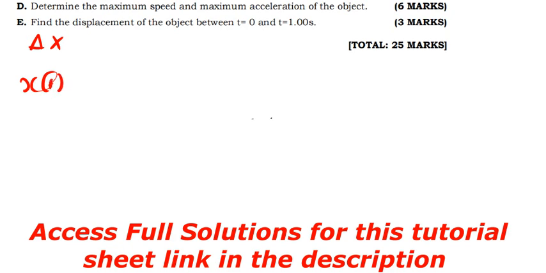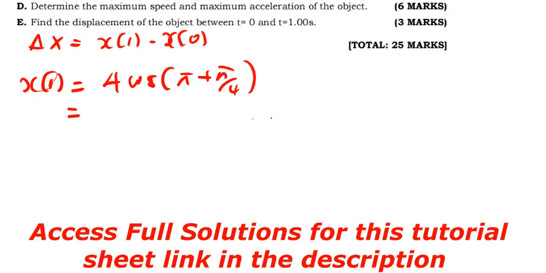So now it's going to be the displacement at t equal to 1 minus the displacement at t equal to 0. So let's first find that. From the formula that we have been given for cos, when t is 1, it's going to be like this.